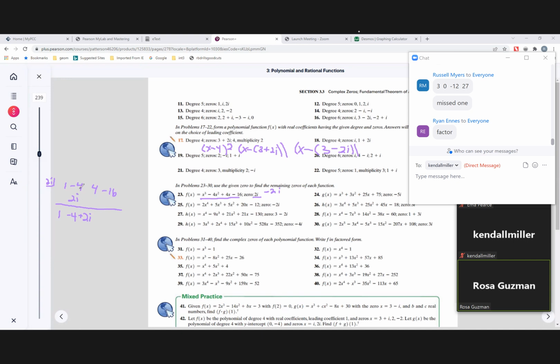All right, so I'm just adding these. Right, now I'm going to multiply 2i times this. So I'm going to get a negative 8i. Okay, I want to move the 16 over a little bit. Get rid of it. Move it over here.